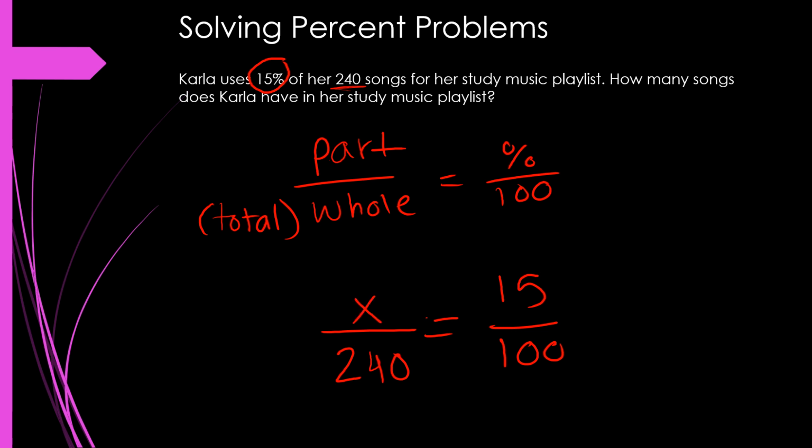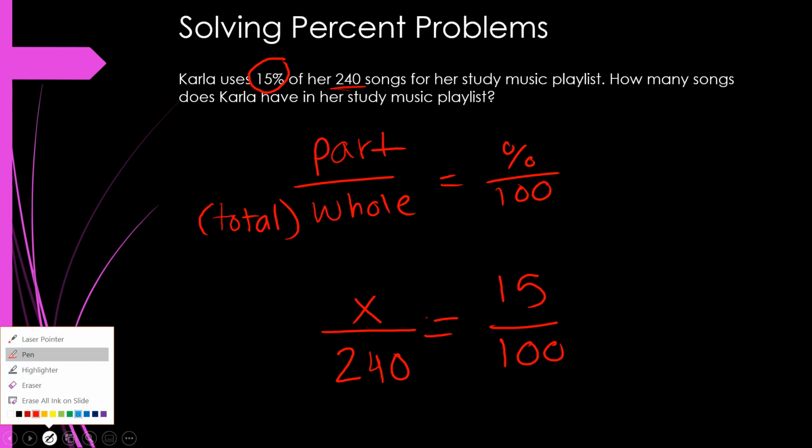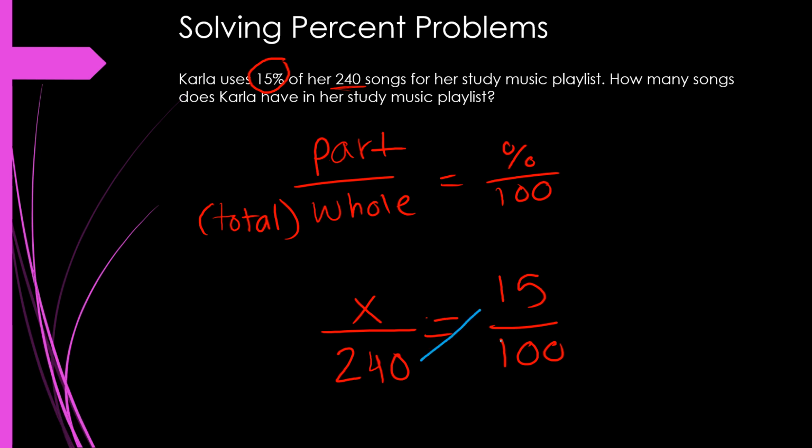Now, the next thing we're going to do is some cross multiplying. When I say cross multiplying, it's quite literal. We're going to multiply diagonally and diagonally again. I'm going to make this one a separate color. So I'm going to have 240 times 15, and my equal sign goes in between them, and then I'm going to do my other side, 100 times x. 100 times x is just 100x written like that.